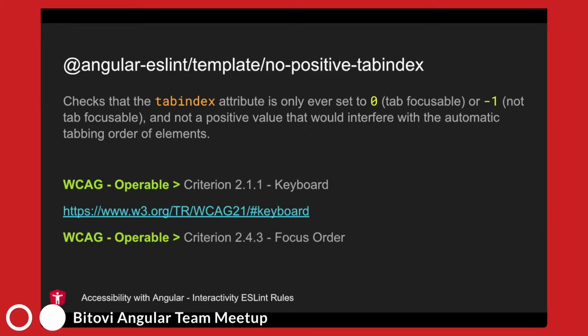And then 2.4.3 focus order says that if a web page can be navigated sequentially and the navigation sequence affects meaning or operation, focusable components receive focus in an order that preserves meaning and operability. So this is connecting back to that goal of not making it so that tabs move between elements in a way that you wouldn't expect based on just the flow of your document.